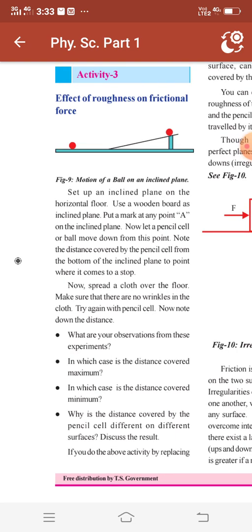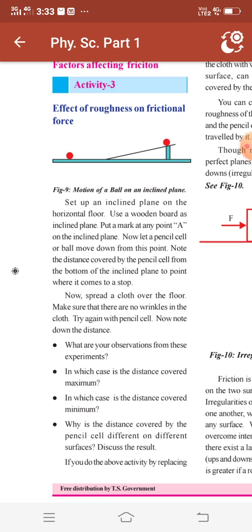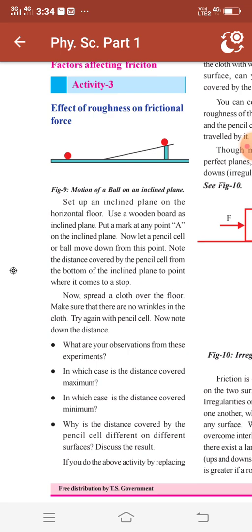Note the distance covered by the pencil cell from the bottom of the inclined plane to the point where it comes to a stop. Now spread a cloth over the floor. Make sure that there are no wrinkles in the cloth. Try the activity again. Now measure and note down the distance.